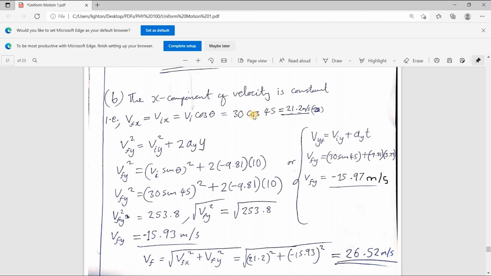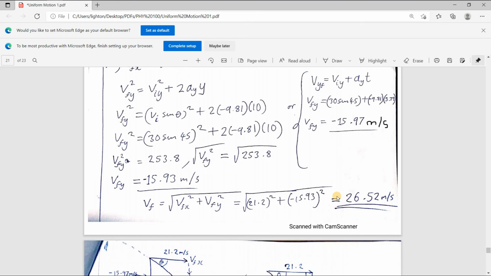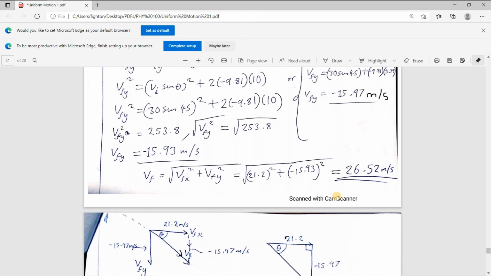But the final x component of velocity is positive. So since it is positive, it means that it is going to the right. This is positive, it is going to the right. This is negative, it is going downwards. So we have that as our y component of final velocity.